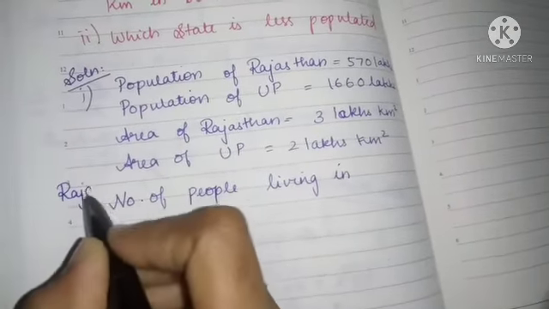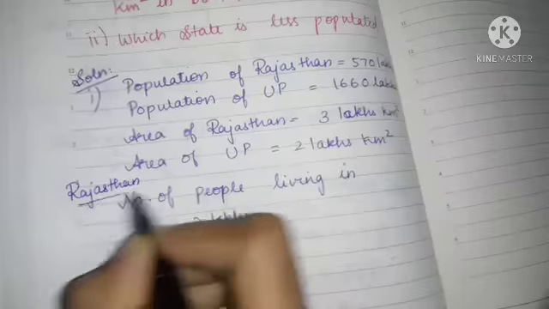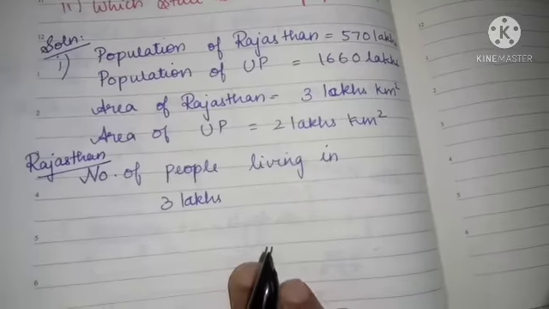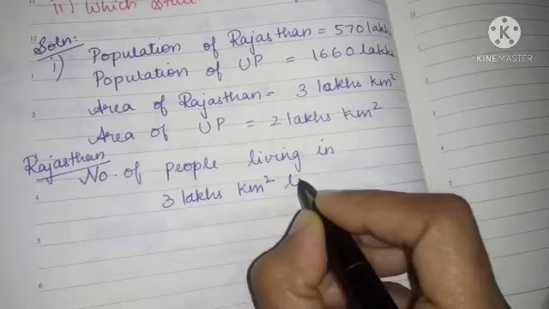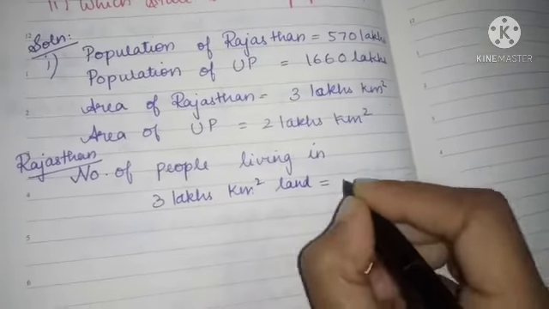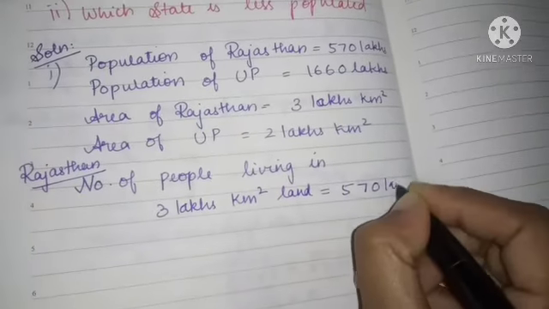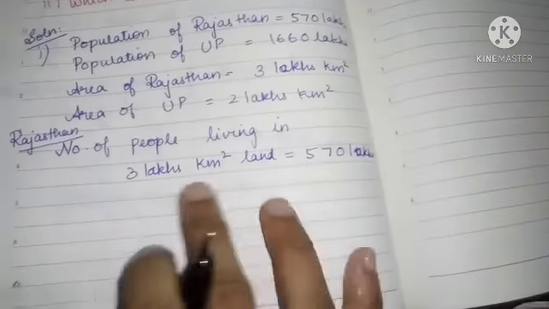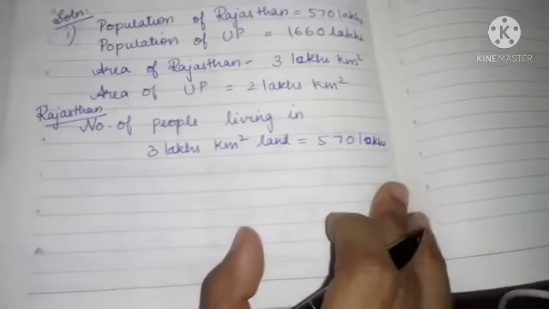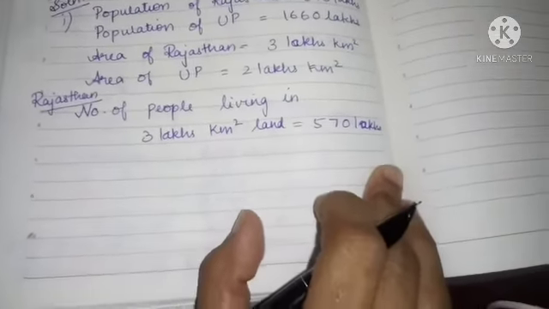Number of people living in 3 lakhs kilometer square land is 570 lakhs.